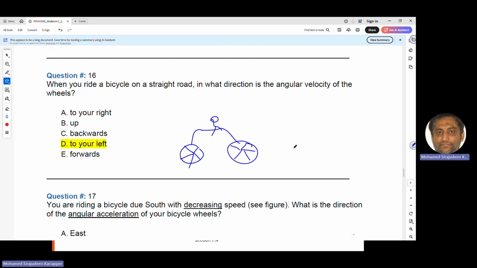If you are moving forward, which direction is the wheel turning? This way or this way? Front, right? Okay. So that is the first thing to understand. The wheel is going like that. So the wheel is pushing on the floor backward, so the floor will push the wheel forward. So we move forward.